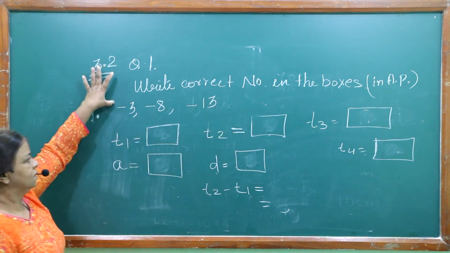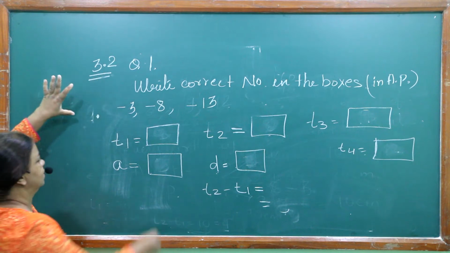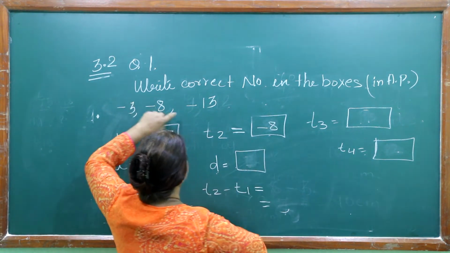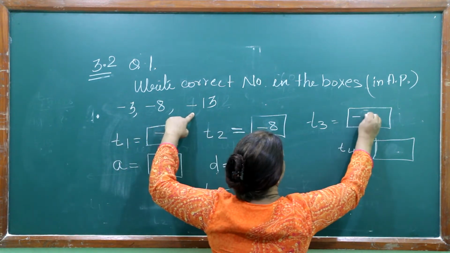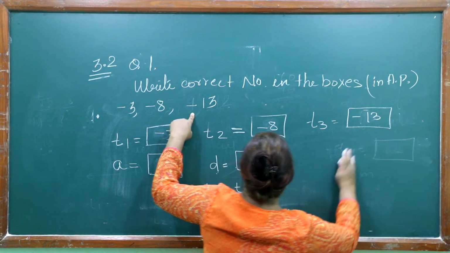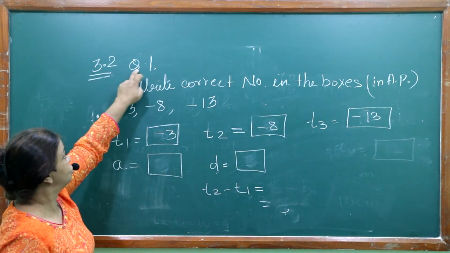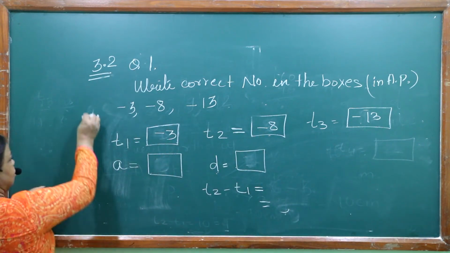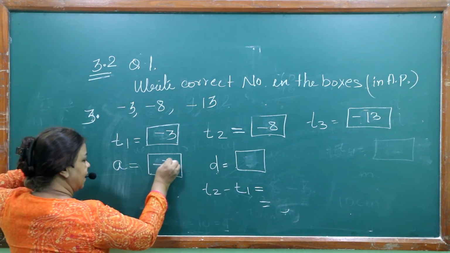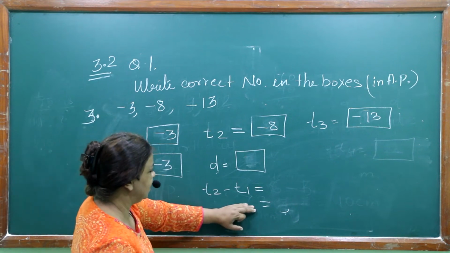Yes. T1 is minus 3, T2 minus 8 and T3 minus 13. There is no T4 term. Of 3.2 question number 1, third question. So A is nothing but minus 3. D we can find here.